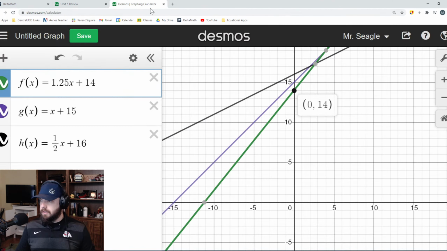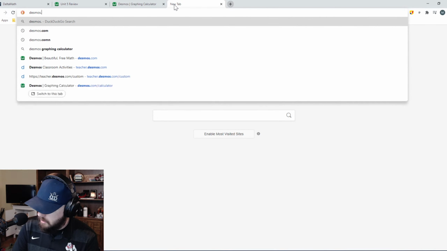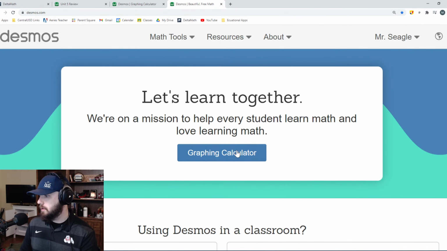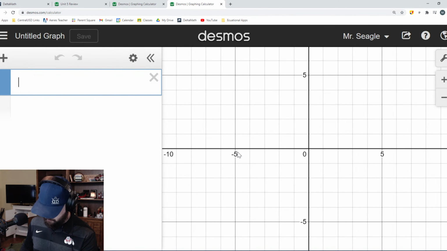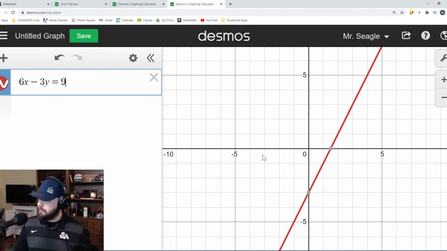The other way we could have done this is we could have cheated and used Desmos. I could just type in the equation. Remember, our equation was 6x minus 3y equals 9.